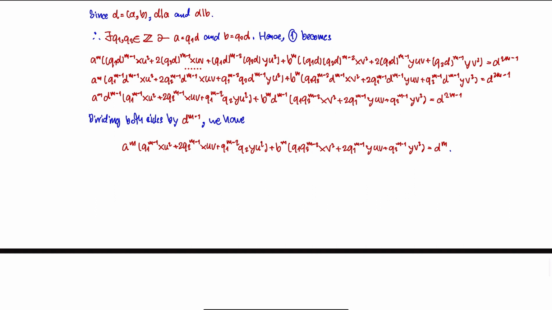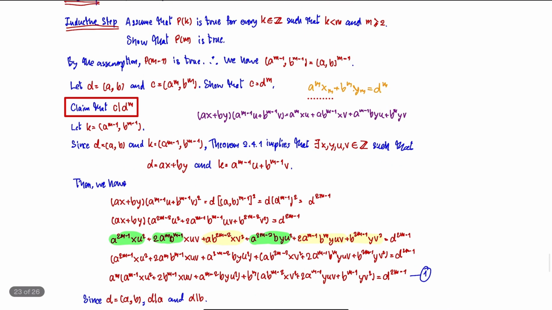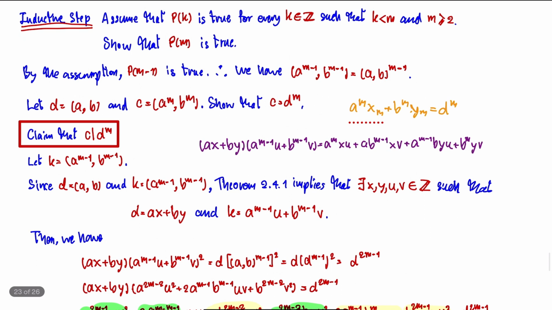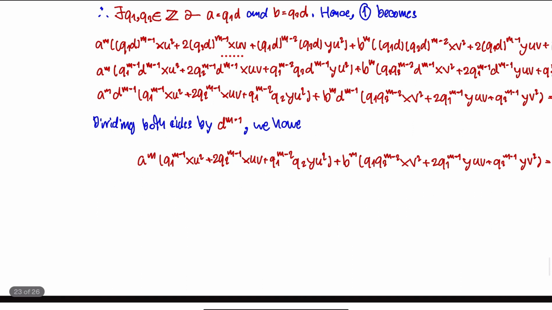What can we do next? The next thing I'm going to do is to take a look at this c right here. Since c is the greatest common divisor of a to the m and b to the m, what do we have?